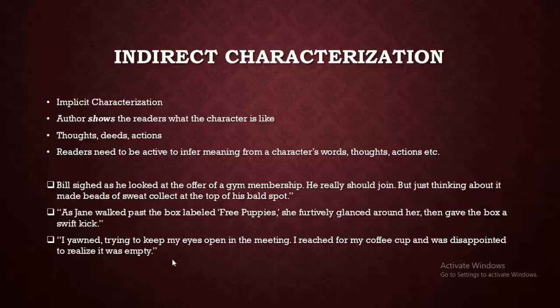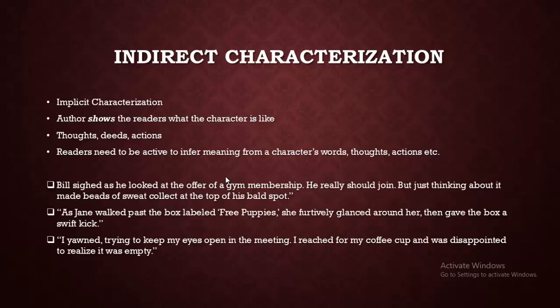For example, the first example says, "Bill sighed as he looked at the offer of a gym membership. He really should join, but just thinking about it made beads of sweat collect at the top of his bald spot." So the same person, Bill, has been described indirectly here. He looked at an offer of a gym membership and he sighed.